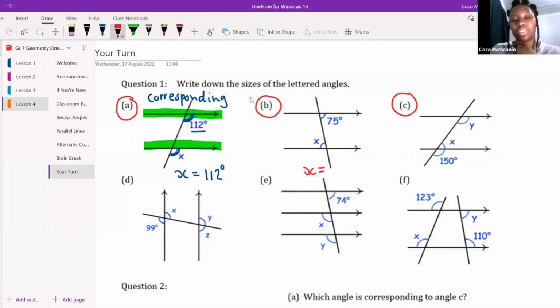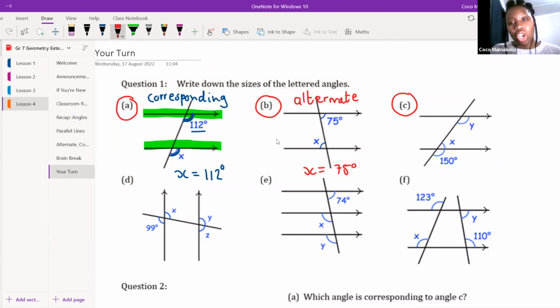Because I can see that you guys are already all done. What is x equal to? X is going to be equal to? Oh, Jaria, I think we may have made a mistake there. Okay. X is going to equal 75 degrees. And my reason is because they are alternate angles. Alternate angles.